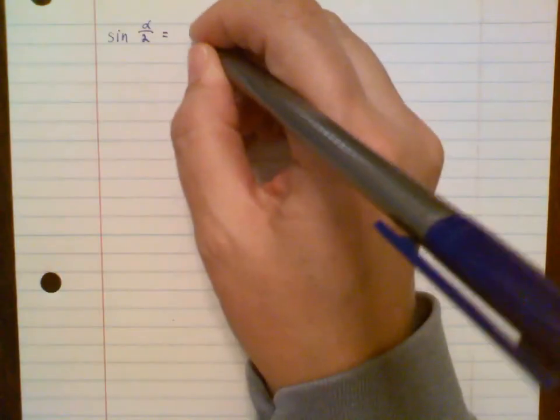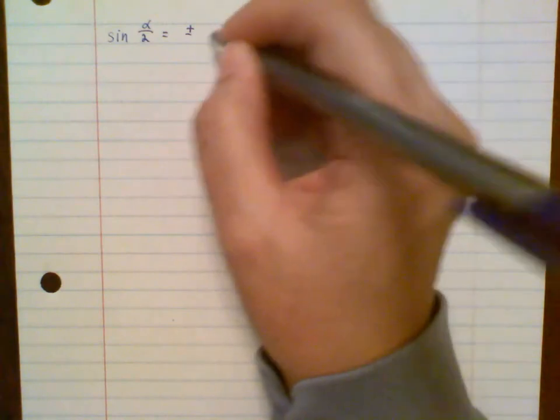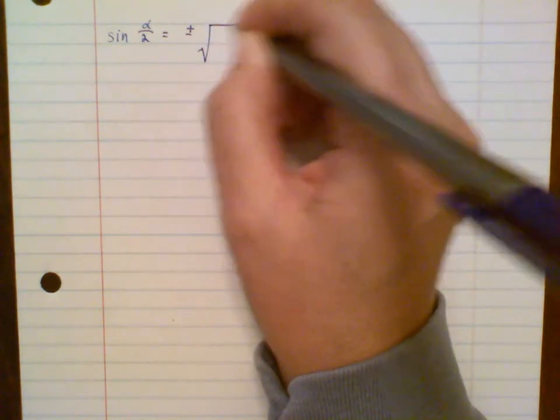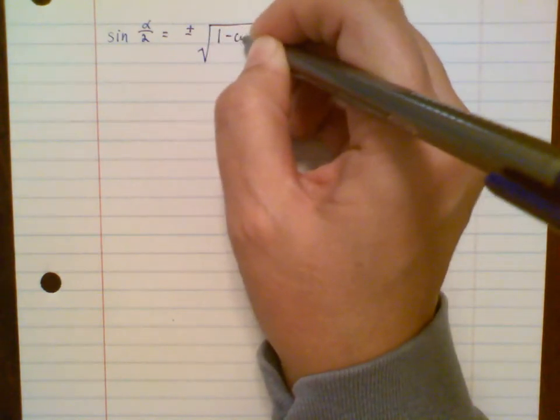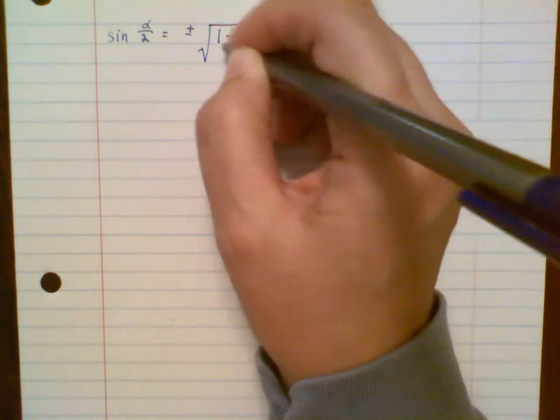All right. So here we go. To find half angles, and I'm just going to straight up tell you these. The sine of some angle divided by 2 is the positive or negative square root of 1 minus the cosine of the angle, divided by 2.